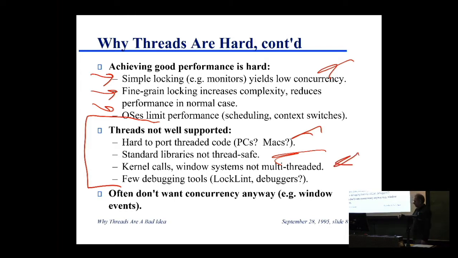For instance, the error number in the C library would get overwritten by the last system call that returned from the last thread calling into the OS. And there were no debuggers that actually understood threads. So we're making our life more difficult using threads. There's a whole lot of complexity, they're not very well supported, and more importantly, we don't really want concurrency in the first place anyway because we're on a single uniprocessor.